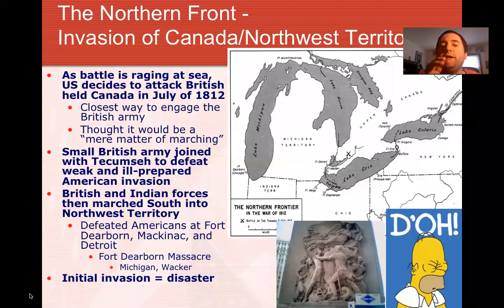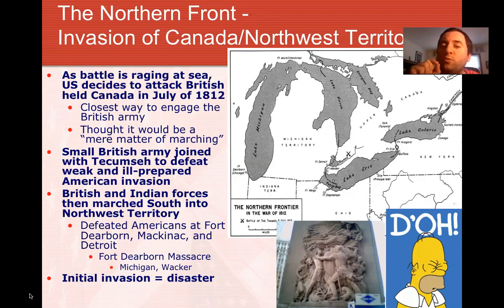As battle is raging at sea, the U.S. decides to attack British-held Canada in July of 1812. Okay, so as you know, Canada is not that far from where we are right here in the United States. Some of you may have been to Canada before. So the U.S. is going to realize, as these battles continue at sea, why don't we go ahead and attack British-held Canada? This occurs in July of 1812.